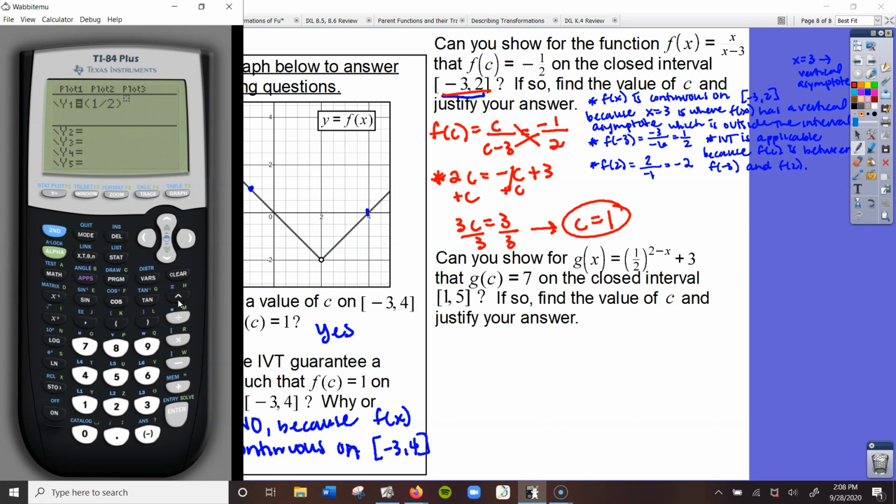I'm going to put this in my exponent, the 2 minus x. Remember, if you're using the physical calculator, that does not do this automatically, where you can see the exponent, you have to open a parentheses and put 2 minus x and then close it. Move off to the side, put plus 3, and now I'm going to go ahead and graph.